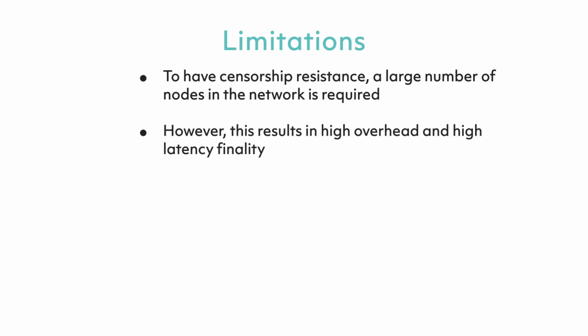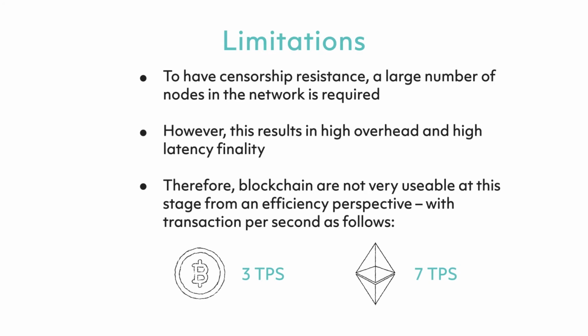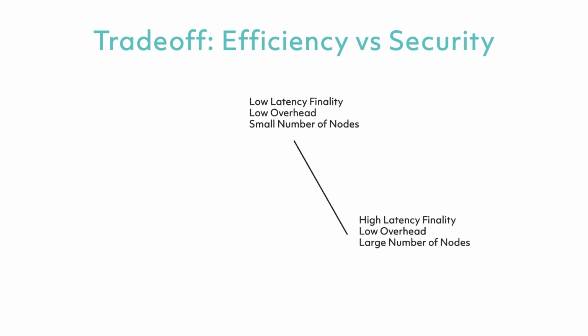However, having a large number of nodes will result in high overhead and high latency finality. Therefore, blockchains are not very usable at this stage from an efficiency perspective, with transactions per second at around 3 TPS for Bitcoin and 7 TPS for Ethereum. We therefore face a dilemma or trade-off between efficiency and speed with censorship resistance and security of the blockchain network.